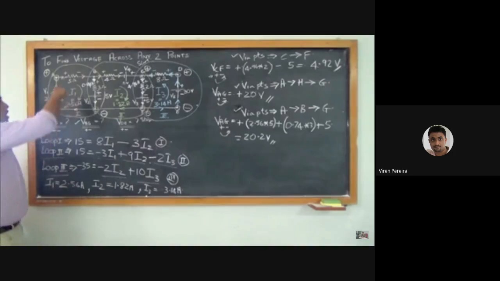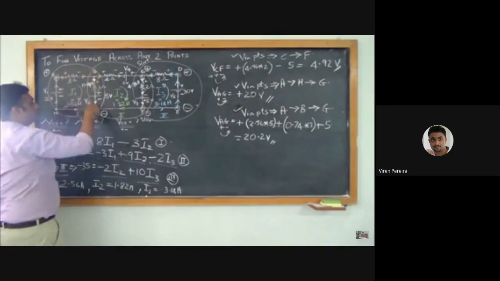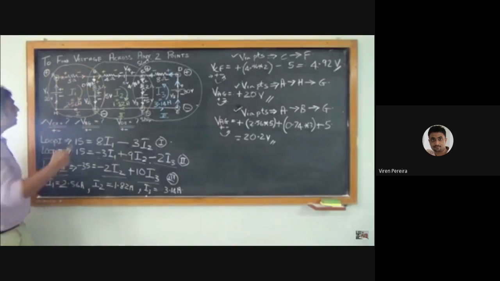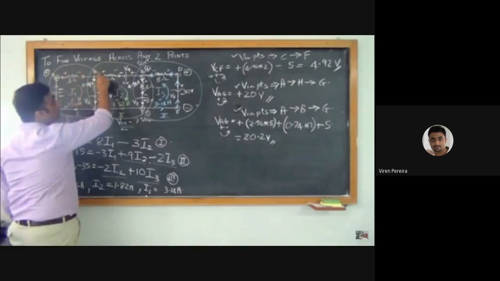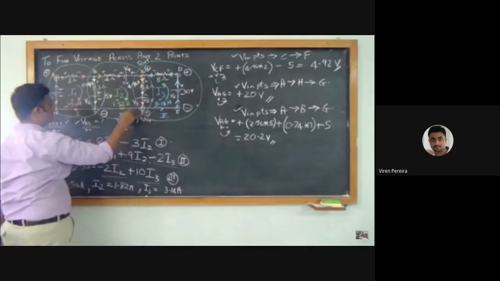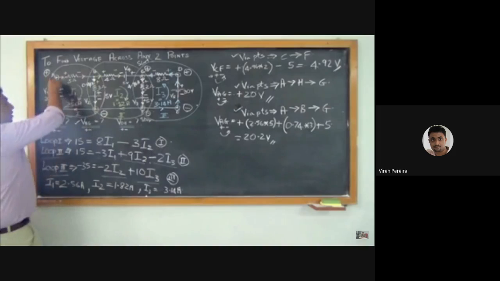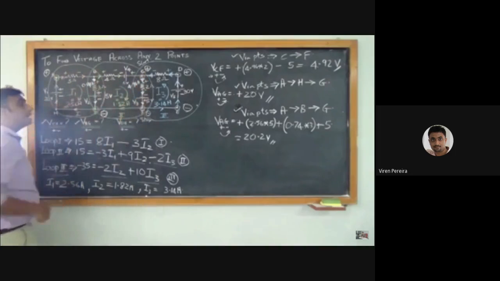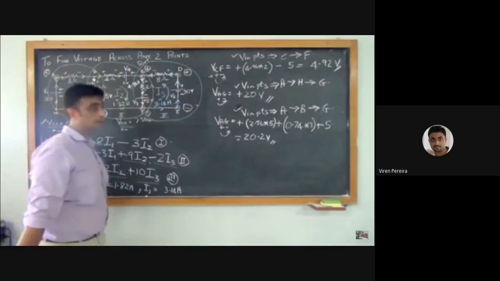Now, how I took points A to B, B to G, I'll even try taking points A to B, B to C, C to F, and F to G. So now I will take another loop and again check for the consistency of this technique.